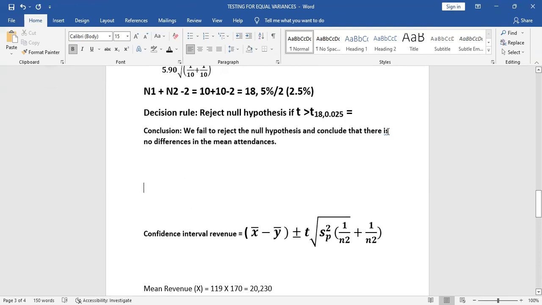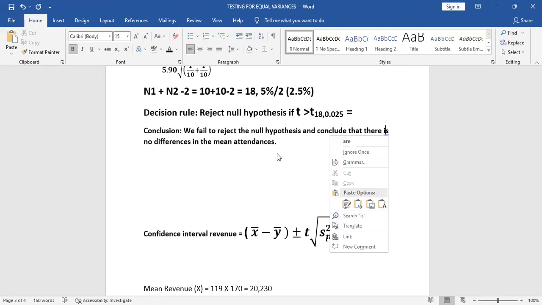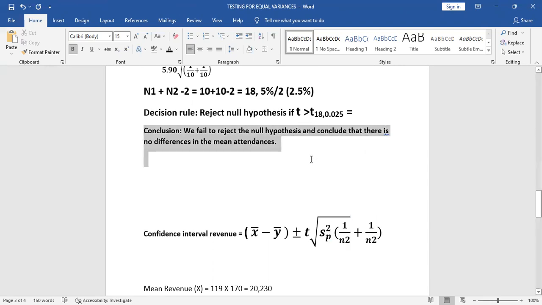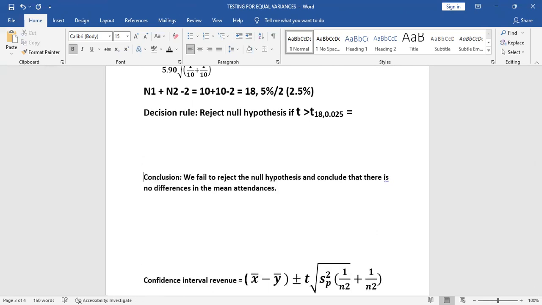Let me get the T tables quickly. Okay, I found a T table.